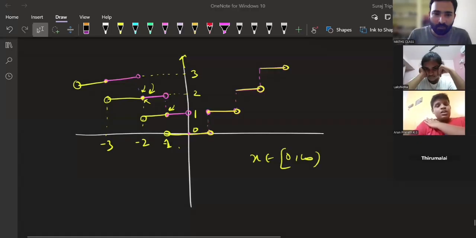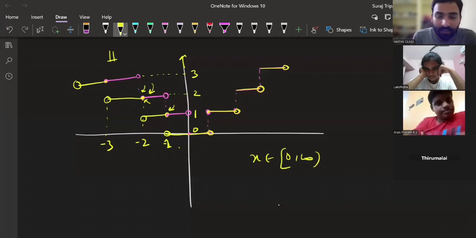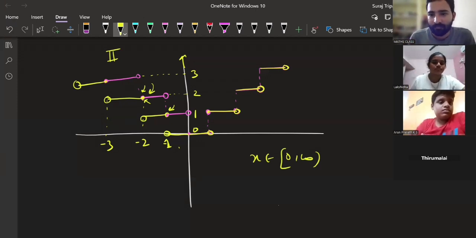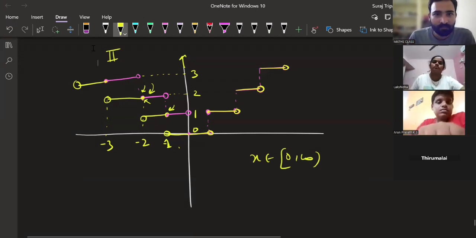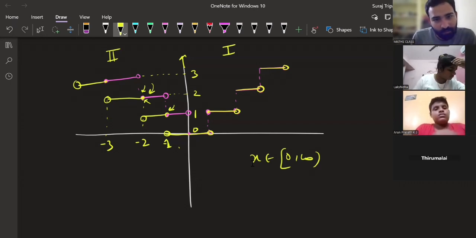The question is, in this region, in the second quadrant, which graph is above and which graph is below? Here in the first quadrant, both are the same, exactly overlapping. So in the second quadrant, which graph is above and which is below?